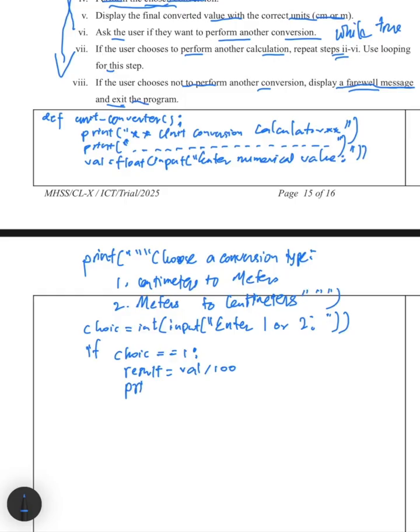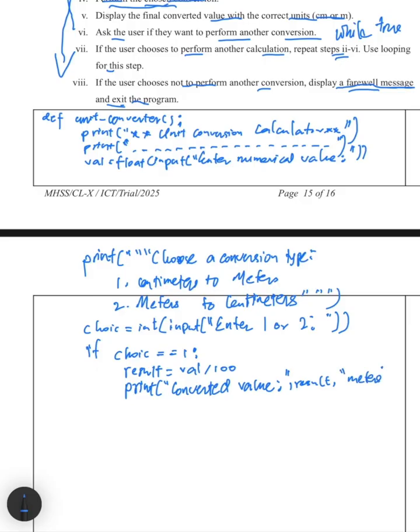So here we can print. After that, we can print the result here. You can say converted value, the result, comma, result. Then next is, you can say meters.